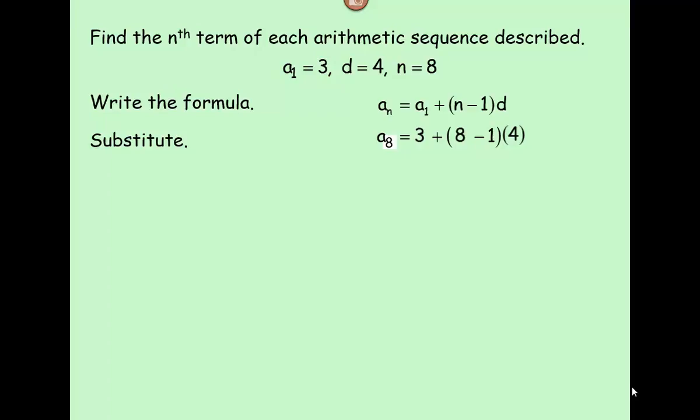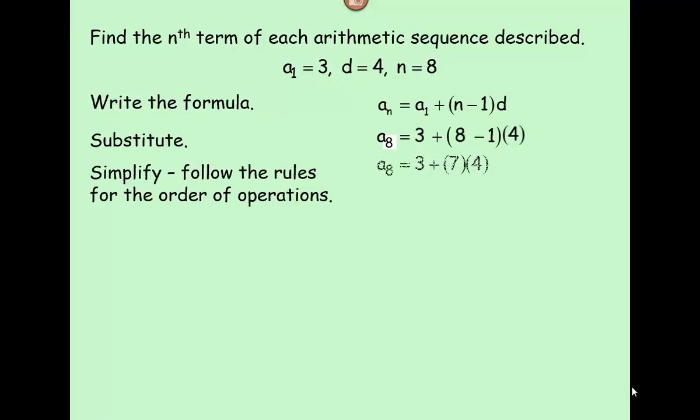From this point, all we have to do is simplify the equation. The left-hand side is simplified, much like we did with the function notation. The left-hand side doesn't have to be worked on at all. So let's concentrate on the right. The first thing we're going to do is subtract 8 minus 1. Then we'll multiply 7 times 4.